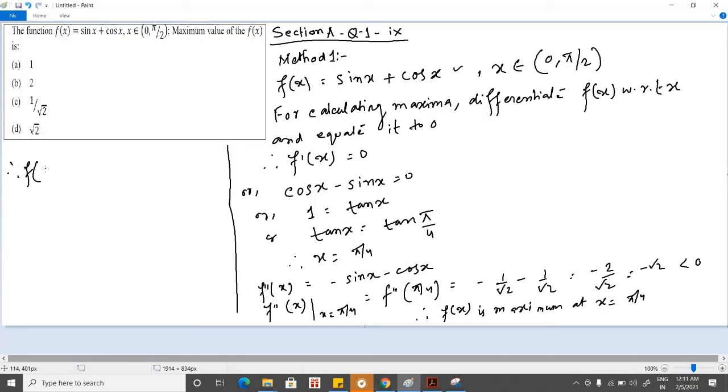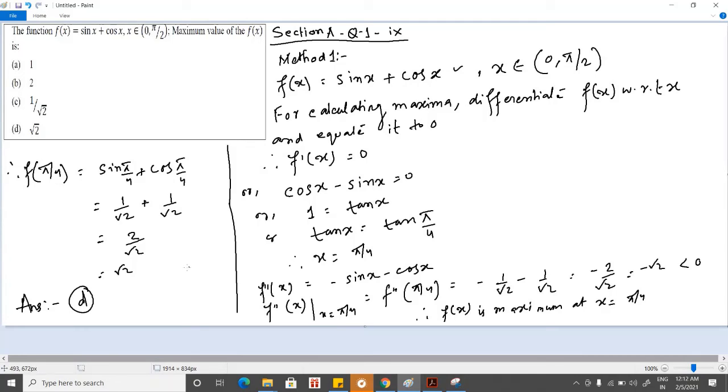Therefore f(pi by 4) will give sin pi by 4 plus cos pi by 4, and that will give us 1 by root 2 plus 1 by root 2, and that will give us 2 by root 2, and that is root 2. So from the options we can see that option D is the right answer. So the answer is option D.